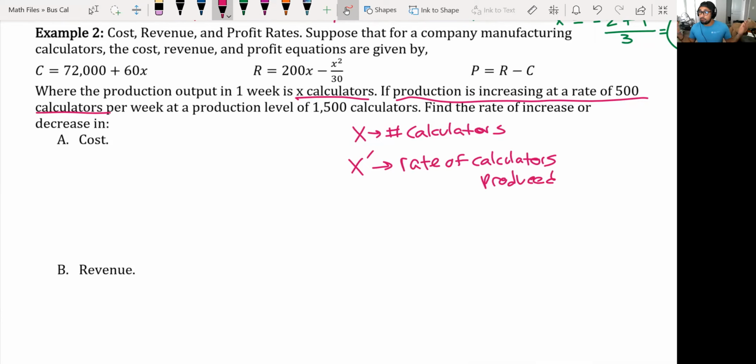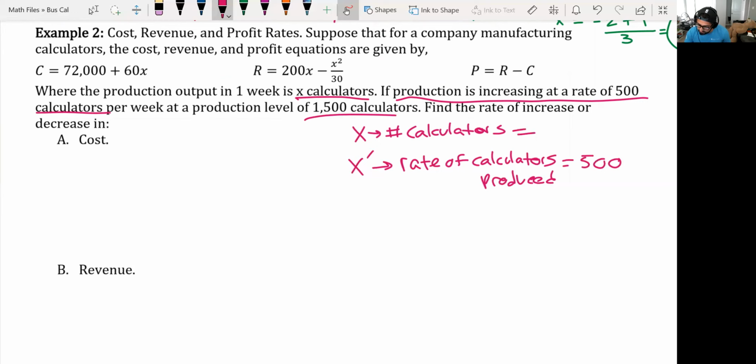So they're giving us those numbers already. So this means it says that production is increasing at a rate of 500 calculators. This means that x prime is 500. And they are increasing at a rate of 500 calculators per week at a production level of 1,500 calculators. So this is giving us the value for x.